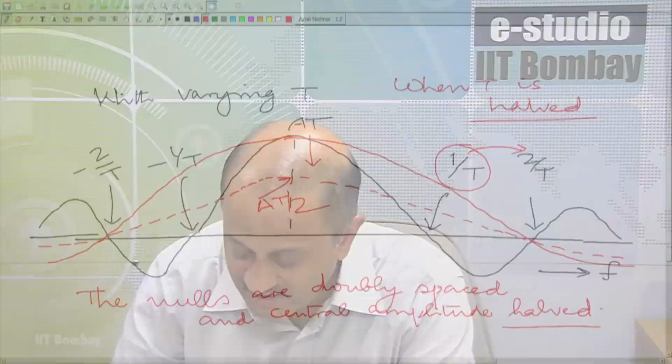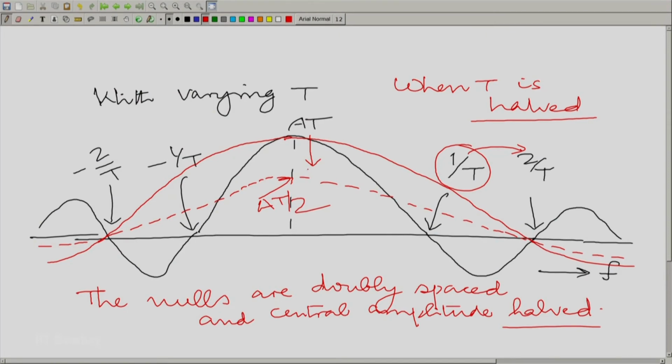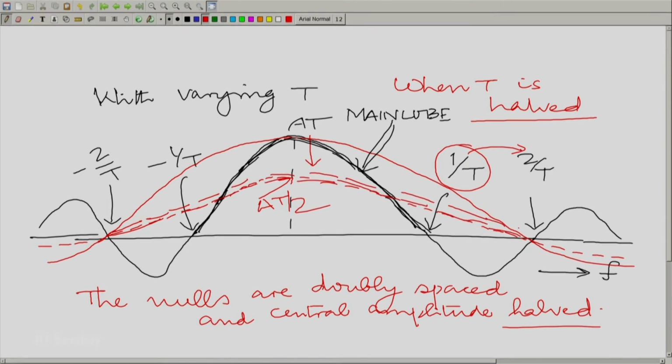Now, you can see there is some intuitive logic in all this. Let us look at this curve once again here. You see, take the black curve and the red curve here. In the black curve, let me mark or identify or kind of emphasize what I call the main lobe. Let me emphasize that main lobe. And let me emphasize the same main lobe when T is halved.